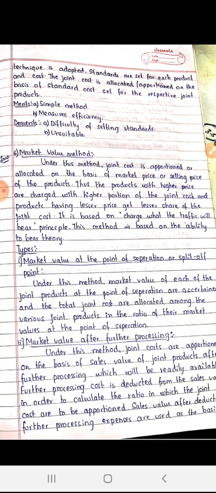Next, the last one is the net realizable value or reverse cost method. This is the important method. Under this method, sales value at the finishing stage is considered after deducting estimated profit, selling and distribution expenses and subsequent expenses.